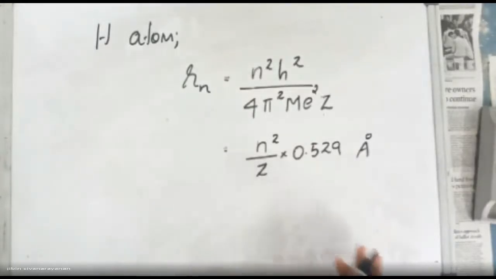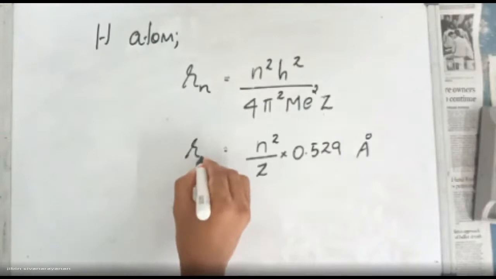Now we are representing the radius in angstrom units, that is, 10 to the power of minus 10 meter. So this is the radius of the nth orbit.